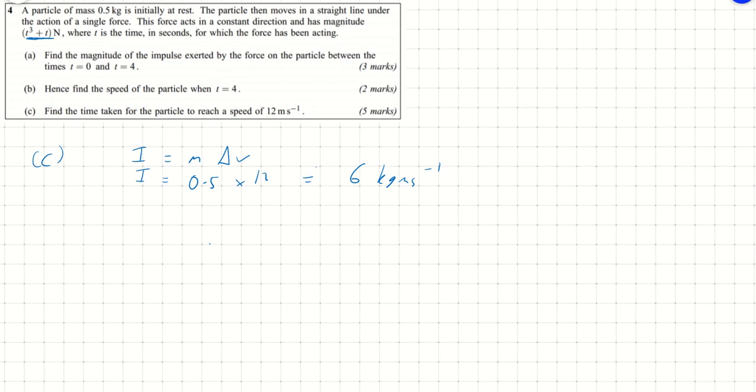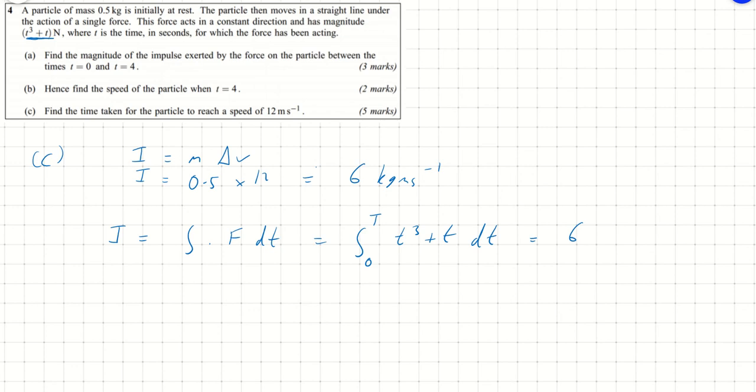And now we need to use the formula from part A, which is that impulse equals the integral of F dt, which is the integral of t cubed plus t dt. We're starting at time 0, but now we don't know what time we finish at. So we're going to use a capital T to denote our finishing time. And this impulse, we know, is equal to 6. So the integral between 0 and capital T of F dt is equal to 6.